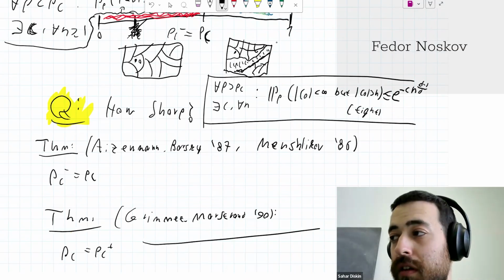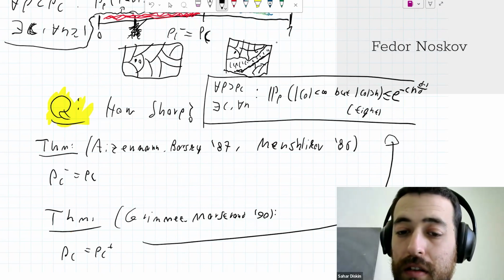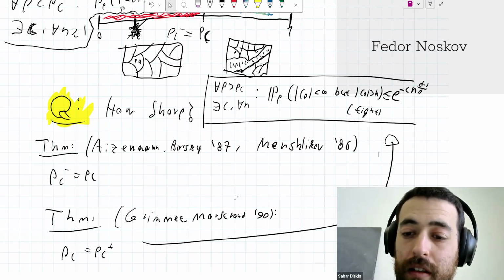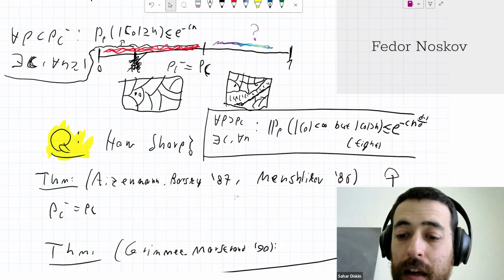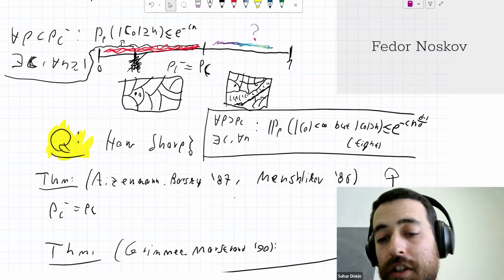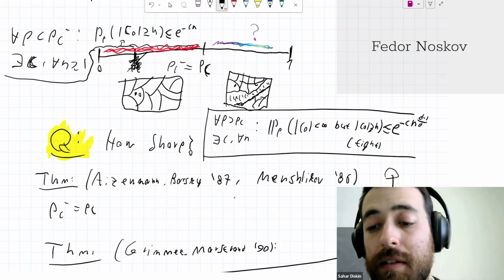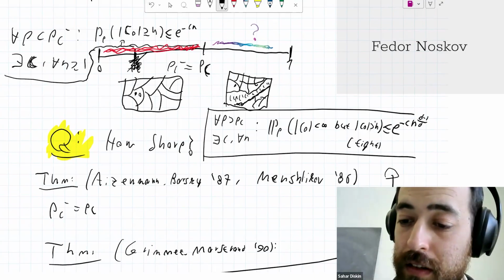Just, we did not condition on the event that the connected component is finite, but we take an intersection. Yeah, so this is an intersection. It's finite and it's of size at least n.